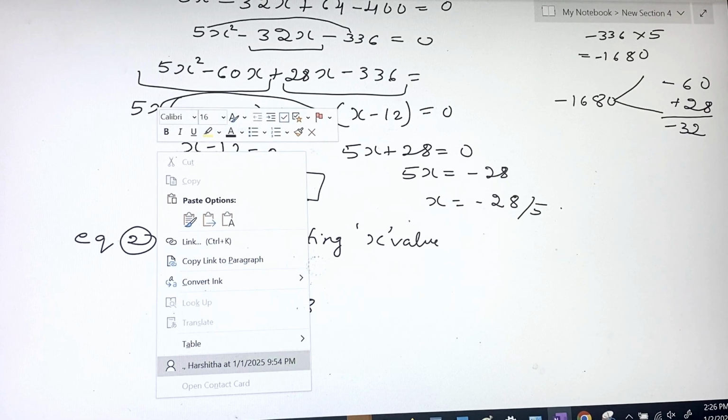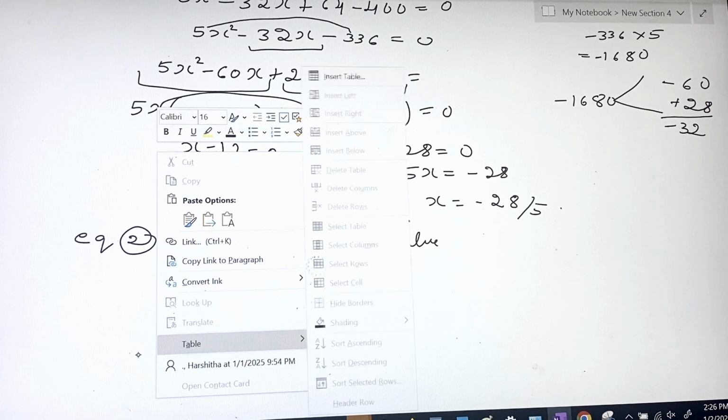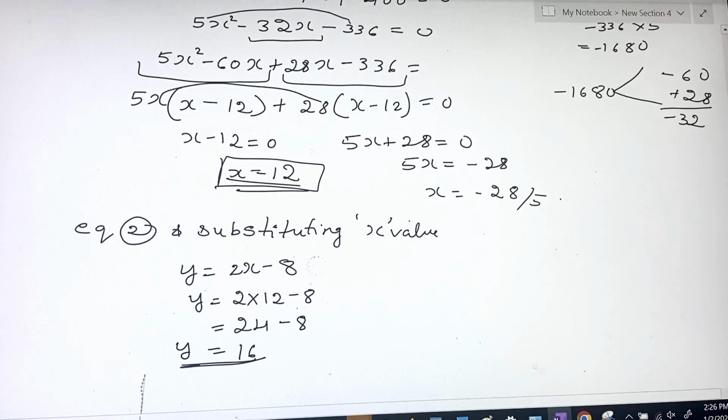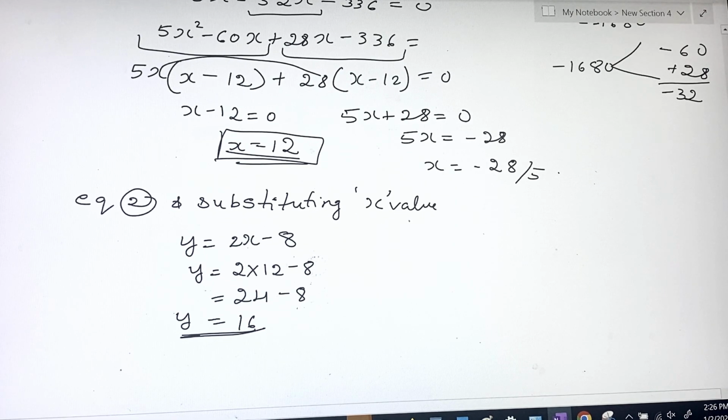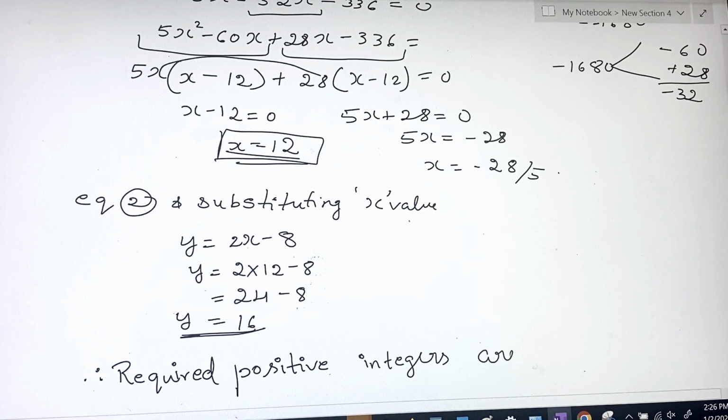Lastly you have to write one sentence: therefore the required positive integers are 12 and 16.